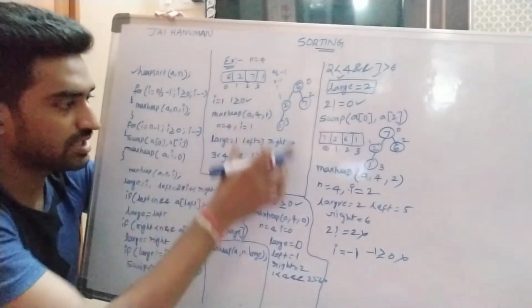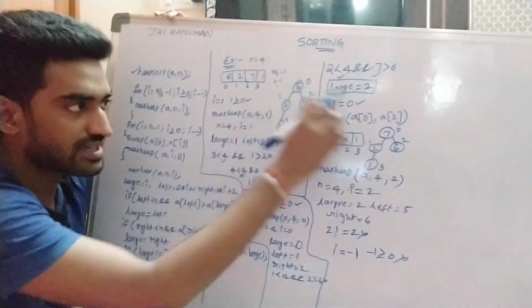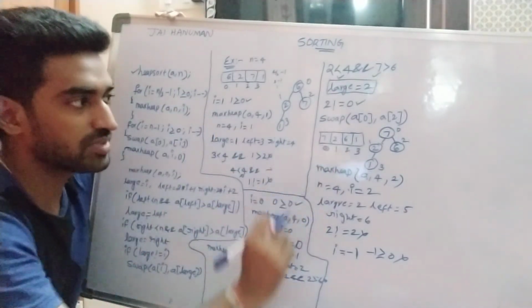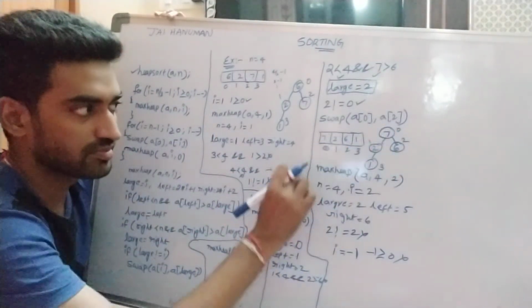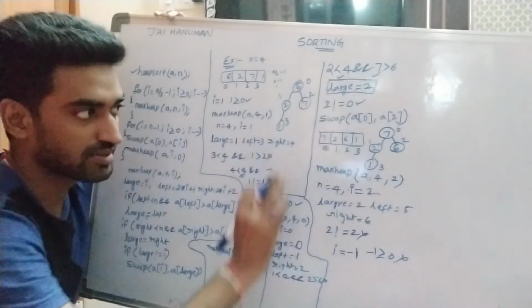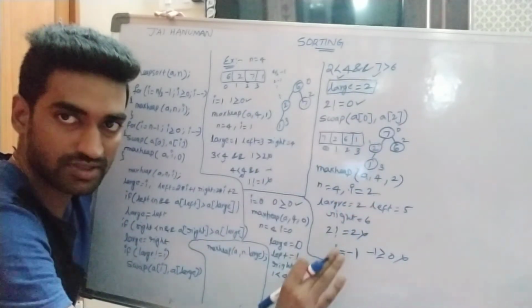Here this loop iteration is for max heap tree construction. Once this iteration has been completed, we get the max heap tree. What is the max heap tree? 7, 2, 6, 1. This tree does not violate any max heap property rule.